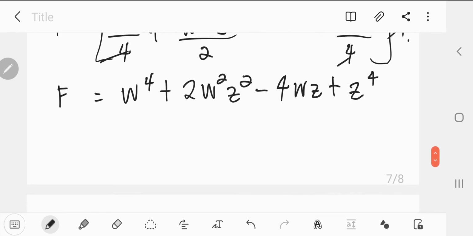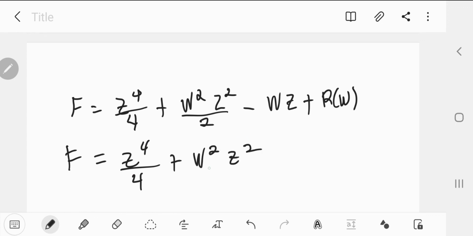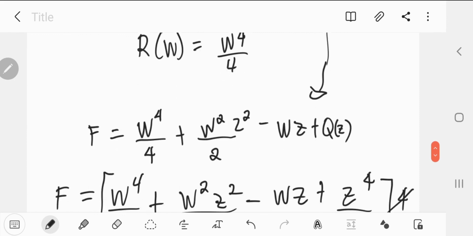And now let us proceed to the next. So we have f is equal to z raised to 4 all over 4 plus w squared z squared all over 2 minus wz plus r of w. And the same as the last time. Now let us substitute the value of r of w, which is w raised to 4 all over 4.